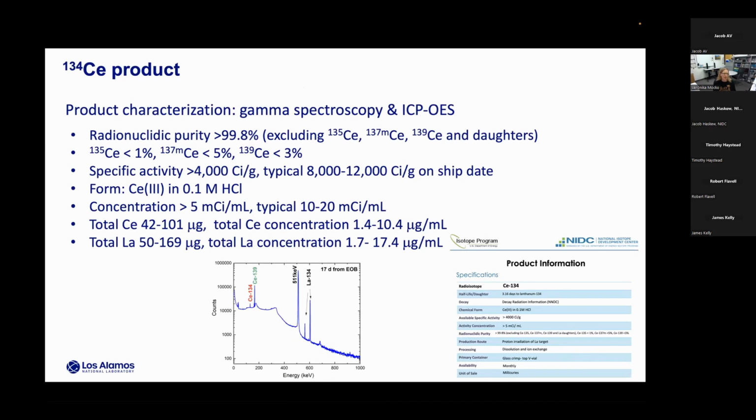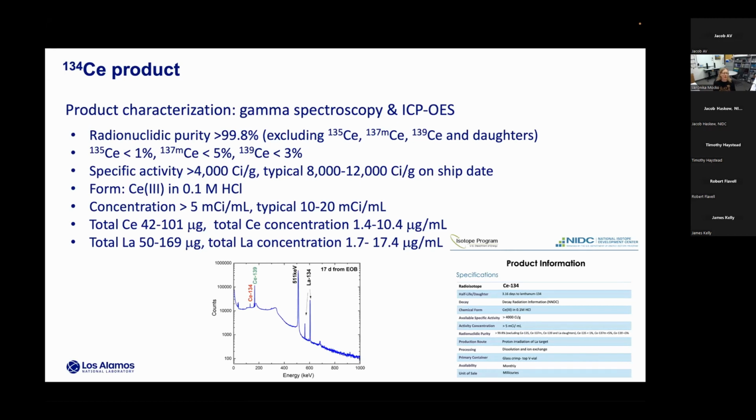And the specific activity is still very high, and we right now provide the cerium as 3+ in 0.1 molar hydrochloric acid, and the typical quantity is about 10 to 20 millicuries. However, the minimum is about 5.